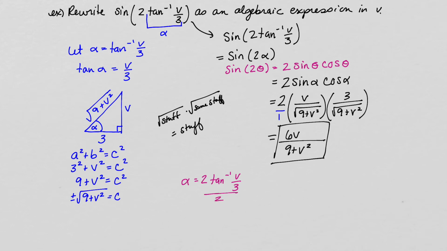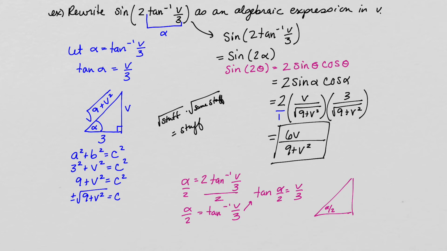So if I divided both sides by 2, I'm going to have alpha over 2 is equal to the tangent inverse of v over 3, or that the tangent of alpha over 2 is equal to v over 3. And so you would get the same triangle, except that the angle inside the triangle now is going to be alpha over 2.